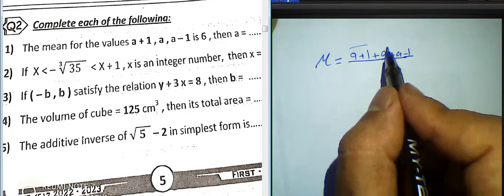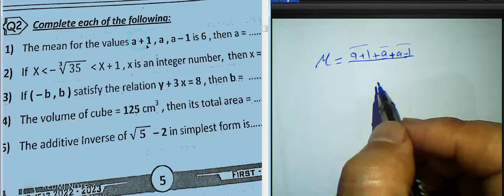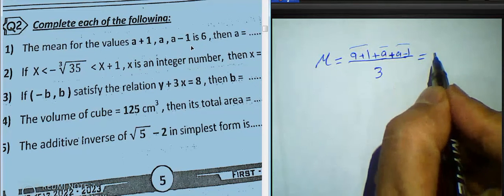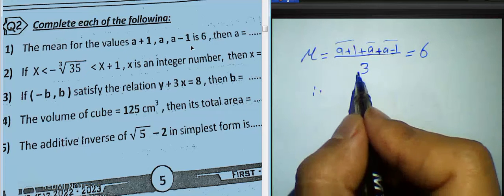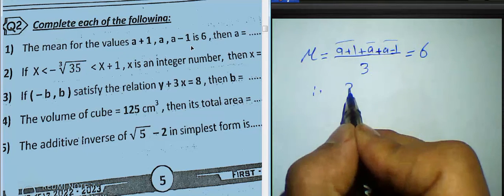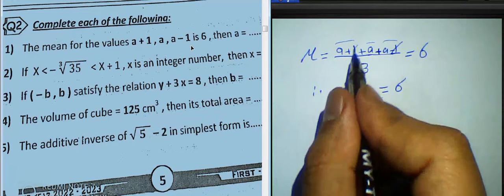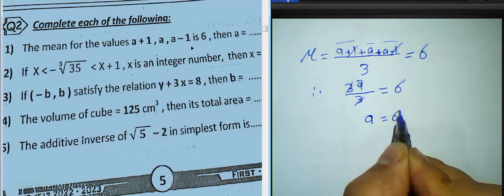We have 3 values here, a plus 1, a and a minus 1, and the mean equals 6. Then we can simplify it: 3a over 3 equals 6, because negative 1 plus 1 equals 0. The result will be 6. Then a equals 6.